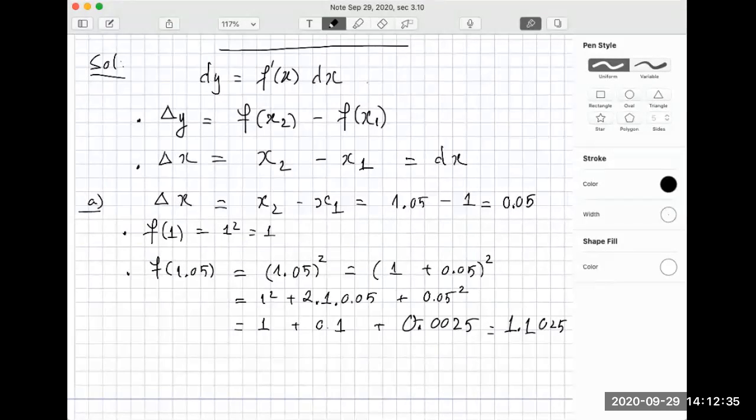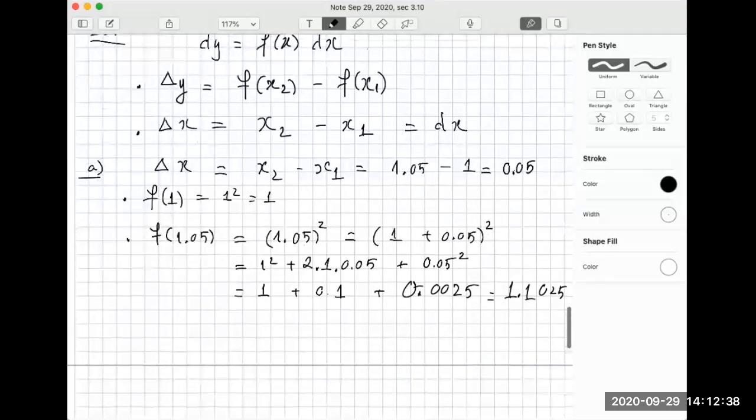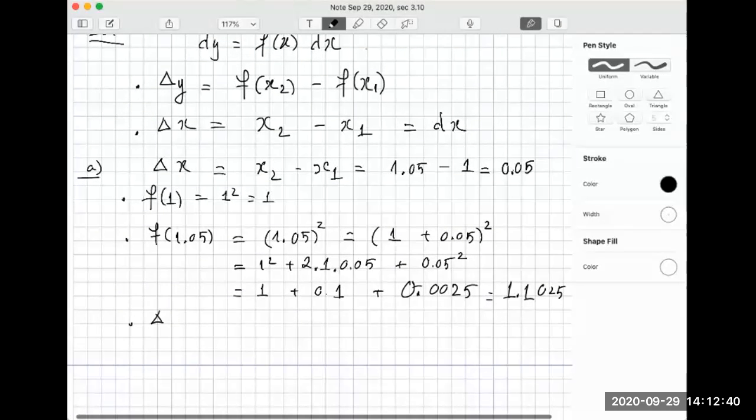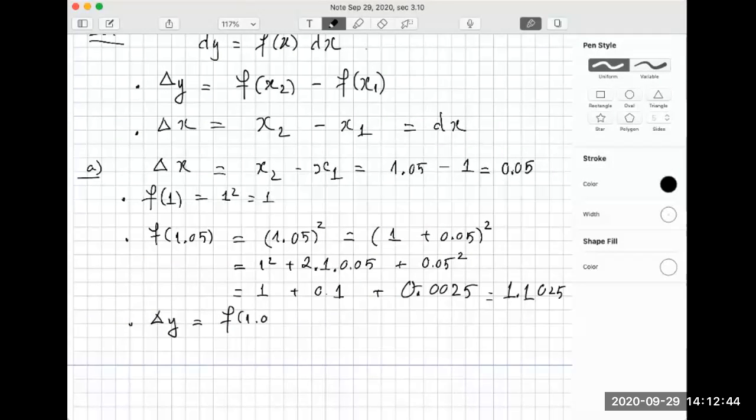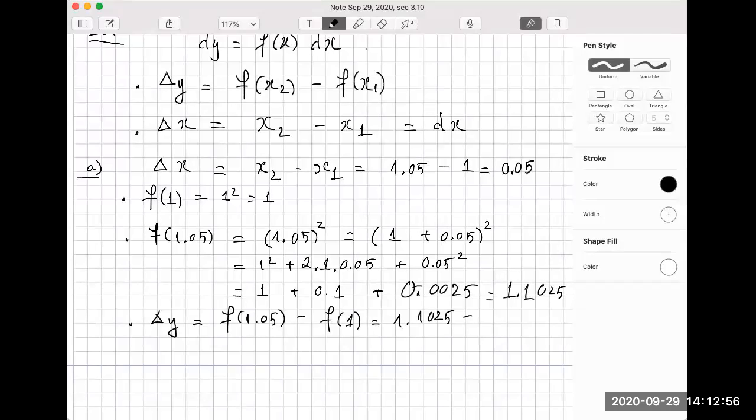So then what is delta y? Which will be f of 1.05 minus 1. And what do we have in the end? Yes.